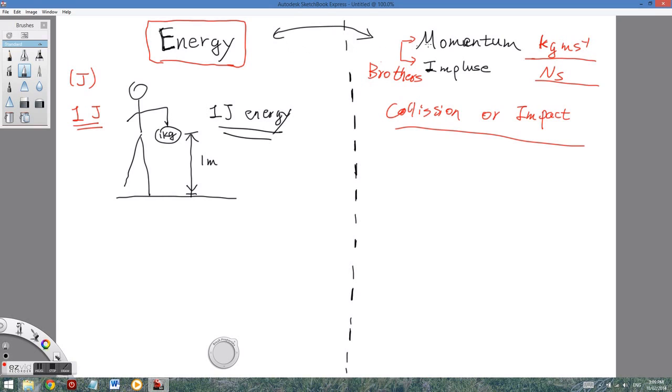They're more like cousins. Momentum and impulse are the brothers, and you're only going to look for them when there's a collision or impact, or you see this unit. Otherwise, stay with energy.